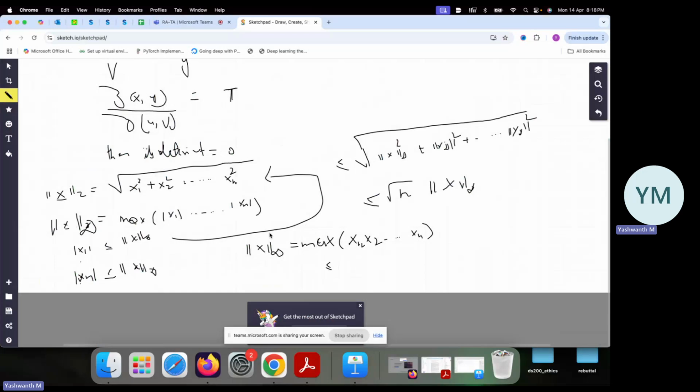We can say that this is less than or equal to, this is equal to, say, the square root of, precisely equality here, max of x1 squared, and so on, xn squared.